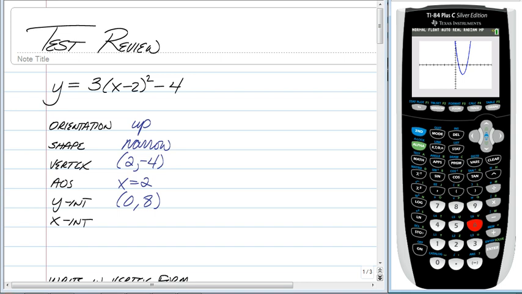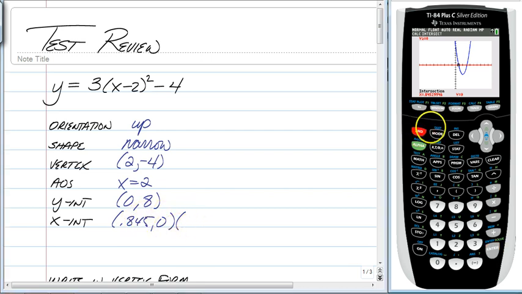And it looks like we're going to have 2 intersections to find. So to do that, remember you just press second trace. Number 5 is intersect. Put your little blinky guy on top of this part. Click enter, enter, enter. And one of them is at (0.845, 0).